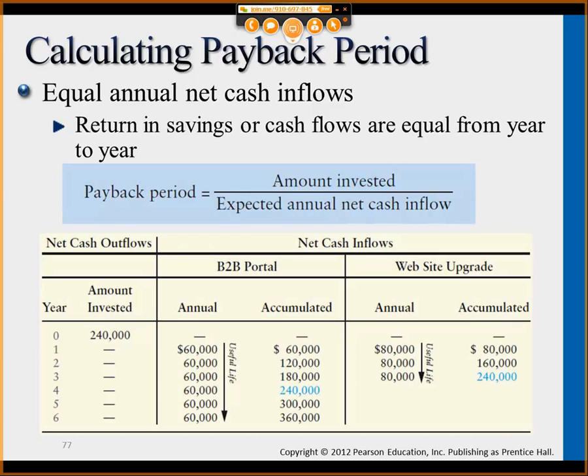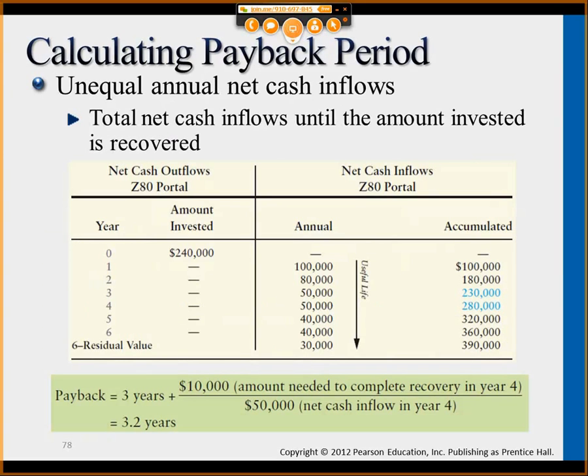So when the investment has unequal cash flows, okay, we have unequal annual net cash inflows, then we add the total net cash inflows until the amount invested is recovered. So what does it mean here? Let's see.